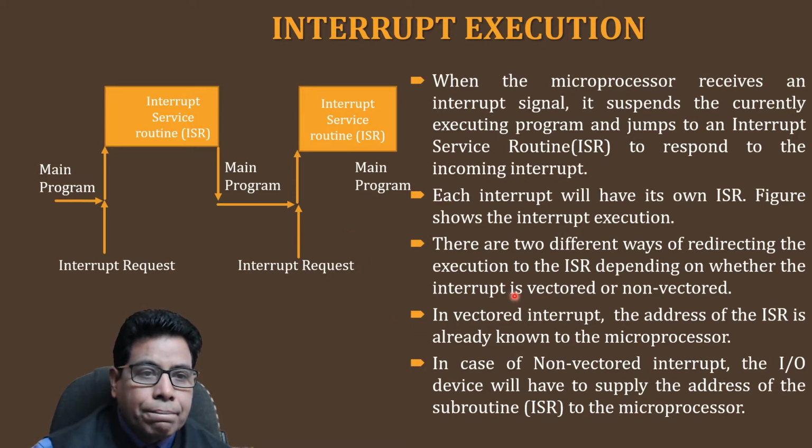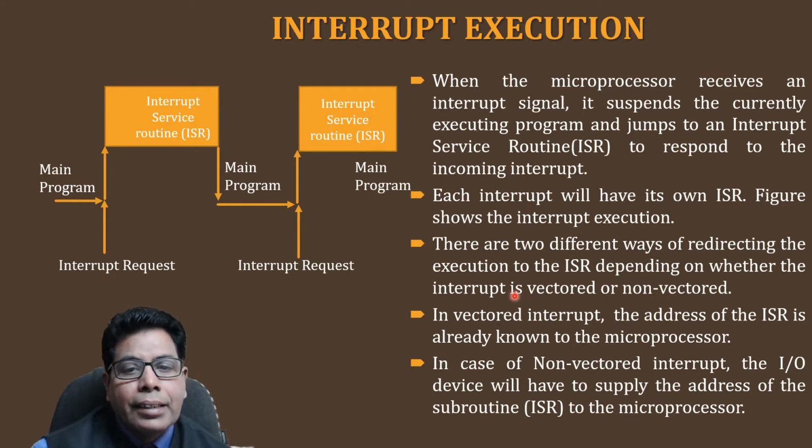Now here there are two different ways of redirecting the execution to the ISR, depending on whether the interrupt is vectored or non-vectored. In a vectored interrupt, the address of the ISR is already known to the microprocessor, because there is an interrupt vector table which will have the address of the interrupt.